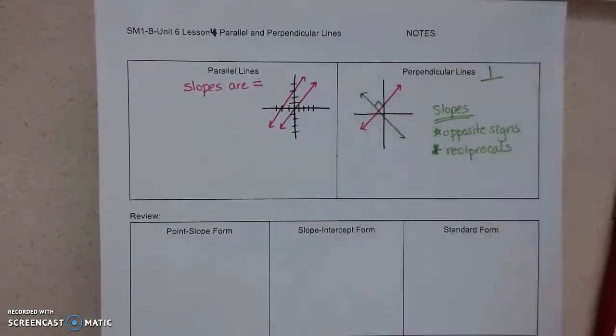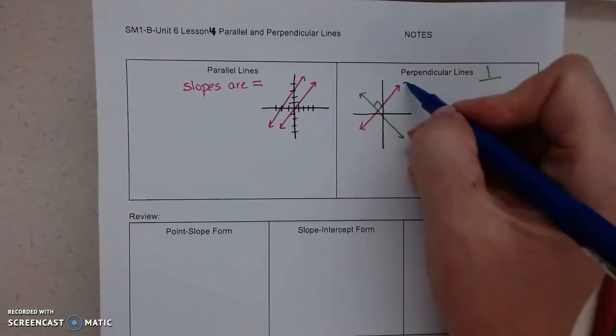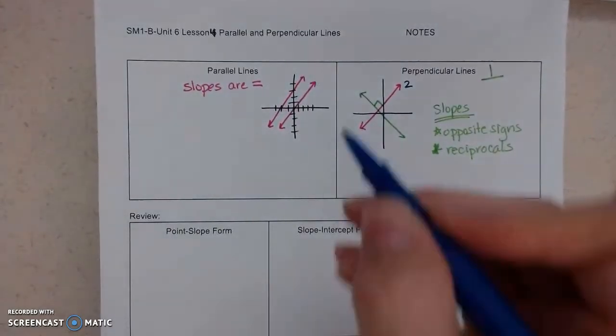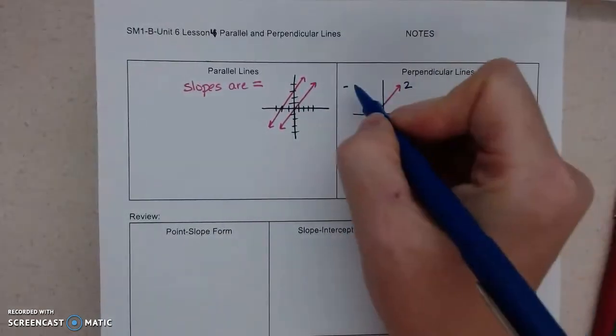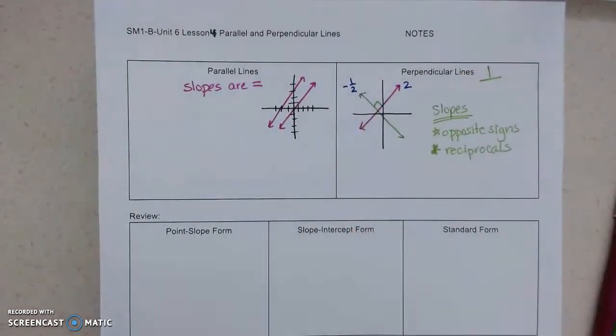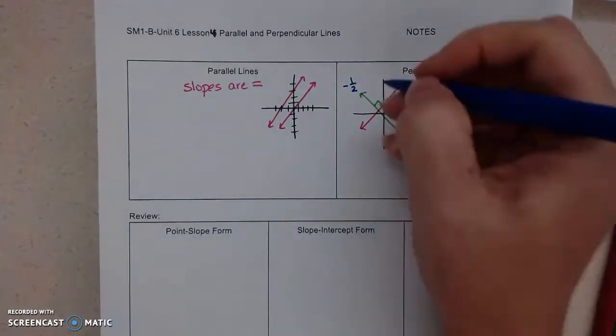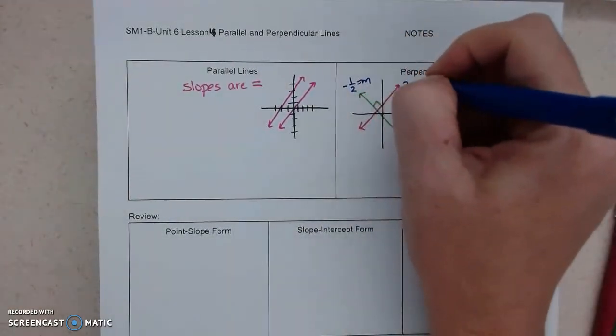So like this line could have a slope of positive 2, and this line would be the opposite sign, which is negative, and the reciprocal is 1 over 2. And those would be the slopes of the lines.